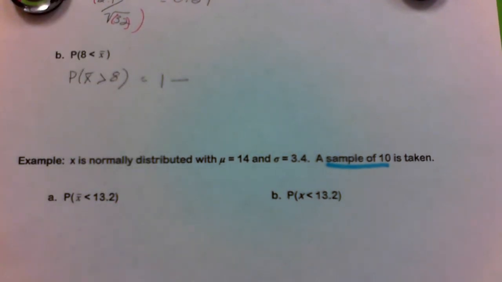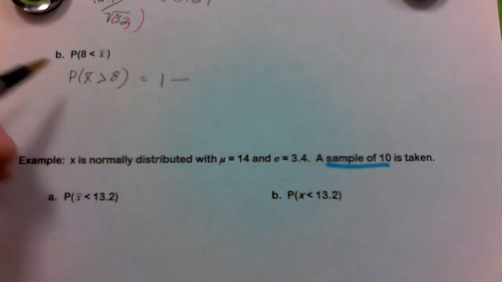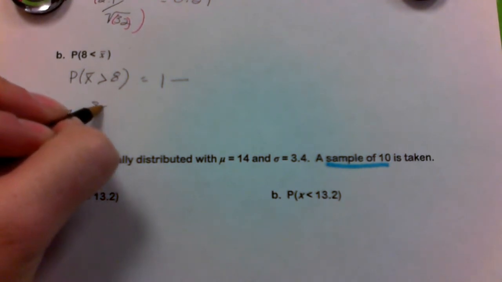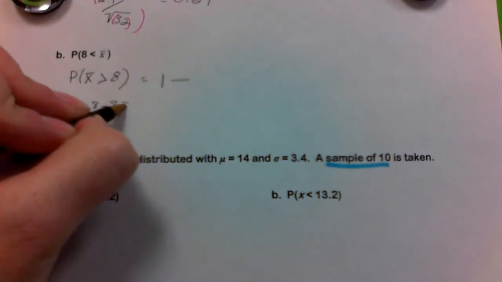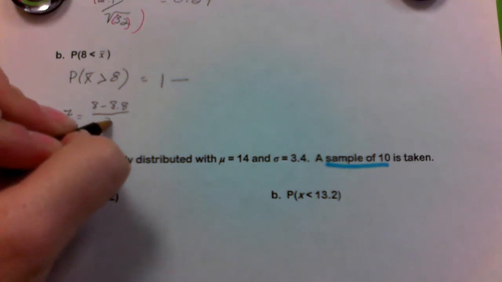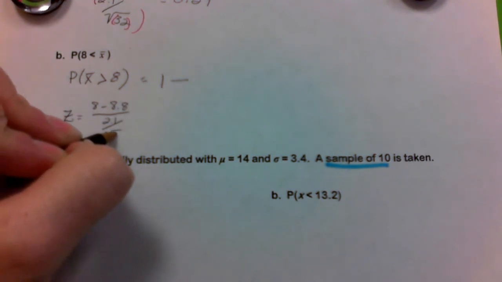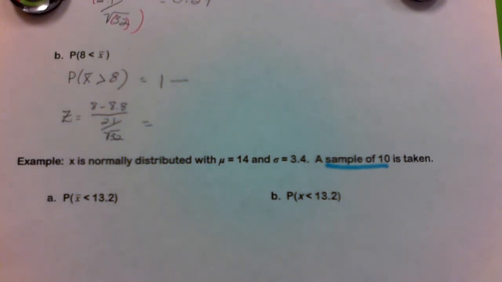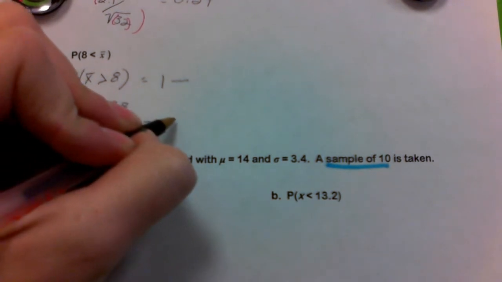But before I can find the number from the table, I have to calculate my Z, and it's a sampling distribution. So my Z will be calculated as 8 minus 8.8 divided by 2.1 divided by the square root of 32. And when you put that into your calculator, you should calculate negative 2.15.